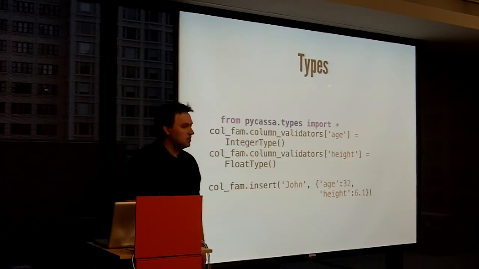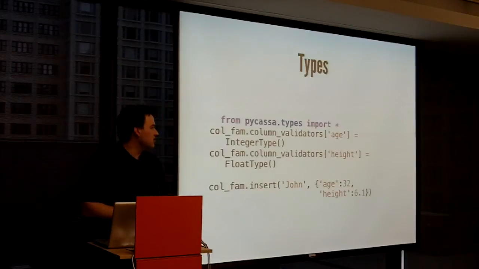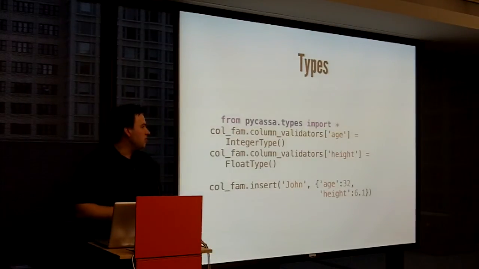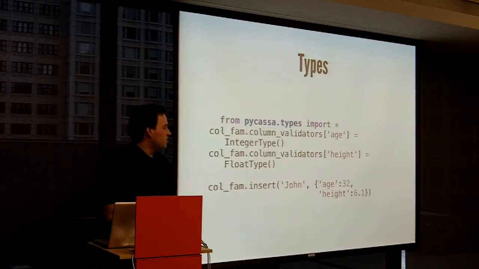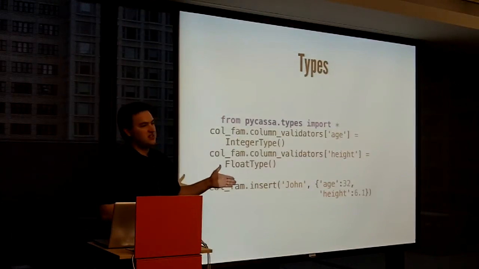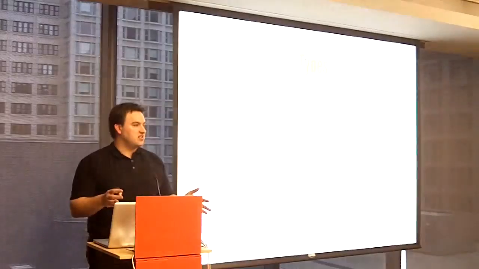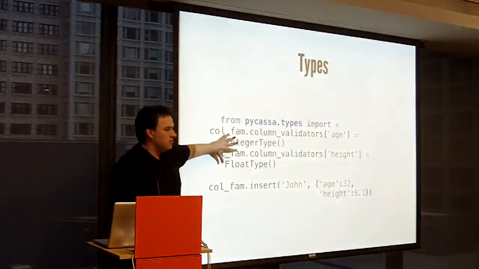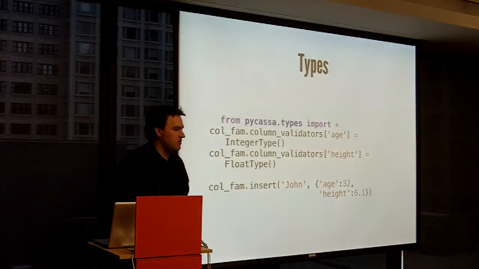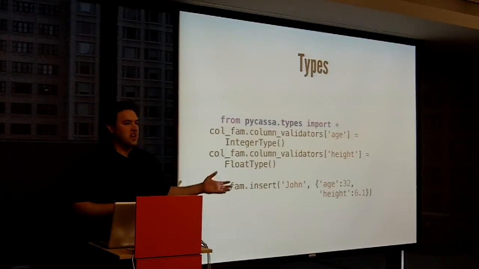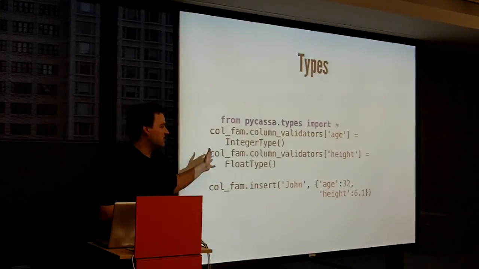All right, and then you can specify types. So this is your schema, optional. And you have actually through pycassa two ways to do this. If you've set the schema information up in the database itself, then you don't have to do this here. If you haven't, pycassa when it connects will read that information and automatically set this stuff up.